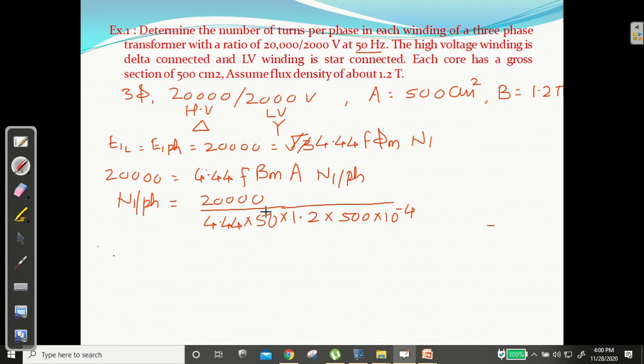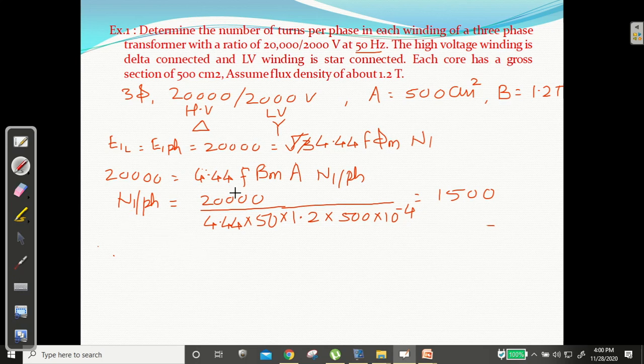Everything is known. By using the calculator I am getting 1500 turns.